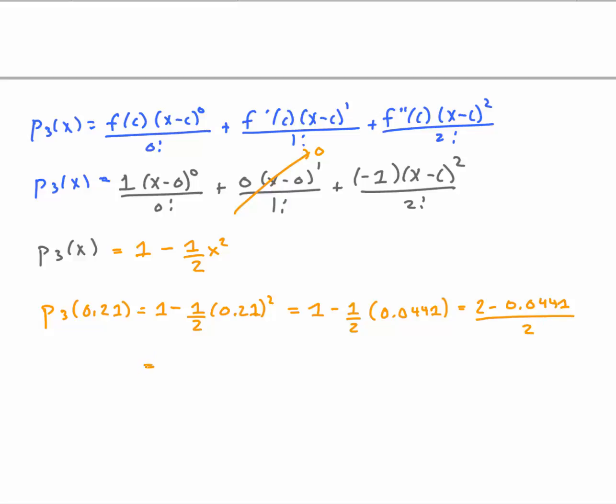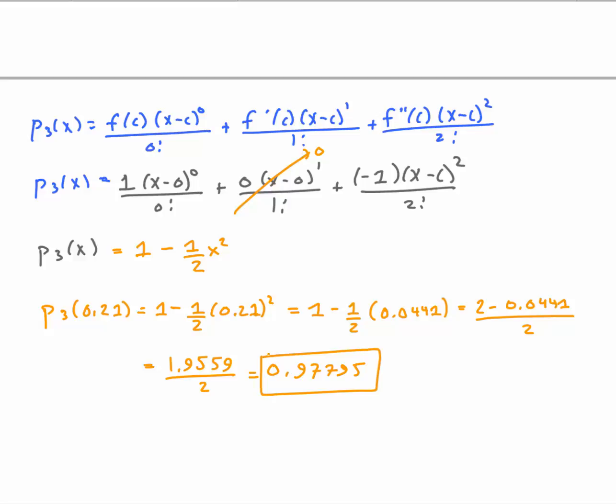And then 2 minus 0.0441 would be 1.9559, all over 2. And then if we divide that out, this would be 0.97795.